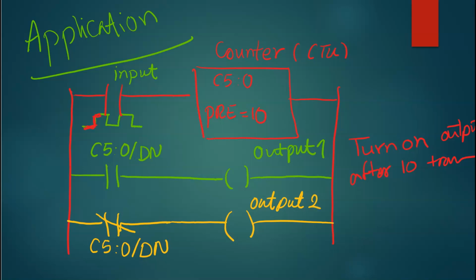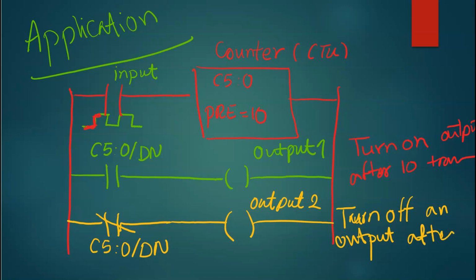So what will happen here is that I'm turning off an output after 10 transitions.